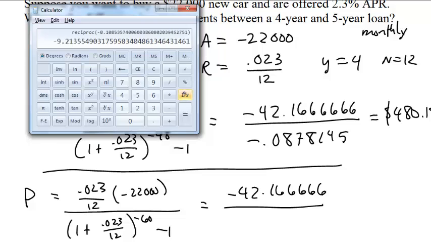Now that is in the denominator. All I have to do is multiply by the negative 42.16666666666, and I get $388.50.